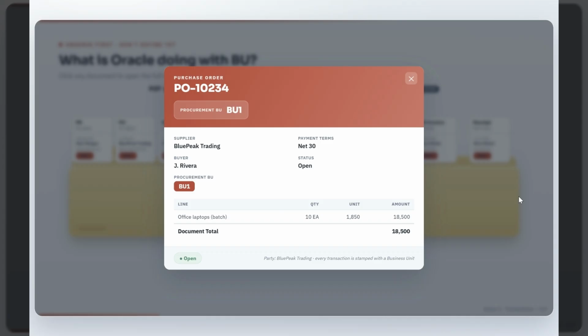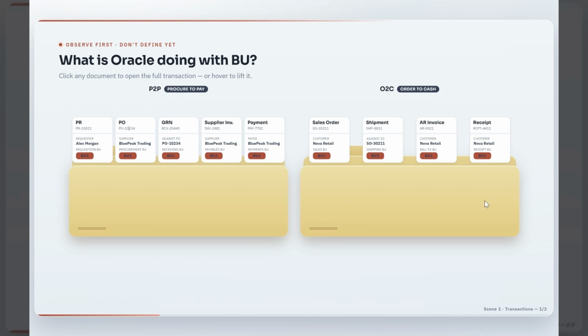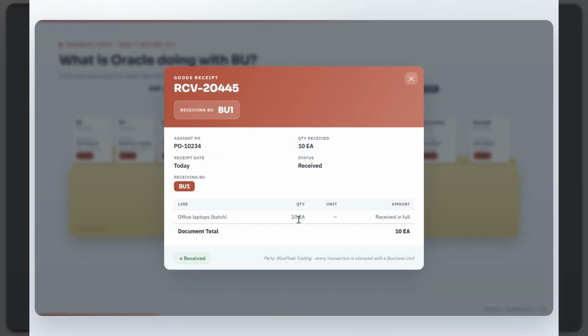The supplier delivers the laptops. The warehouse records goods receipt RCV-20445 against the purchase order. The receipt carries the receiving business unit, identifying the BU that received the goods. Next, Blue Peak submits supplier invoice INV-2481. The invoice is matched and validated for 18,500 under the Payables Invoicing Business Unit.